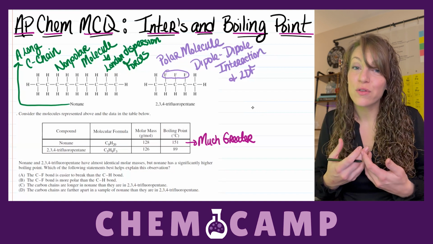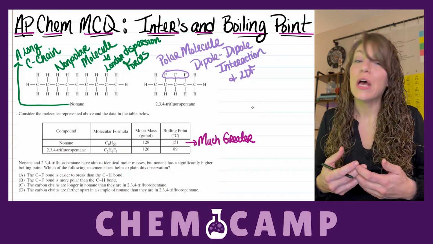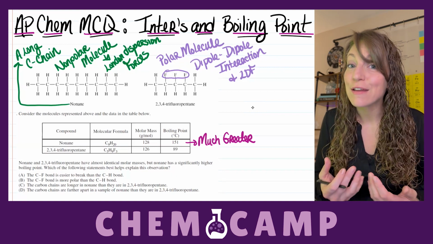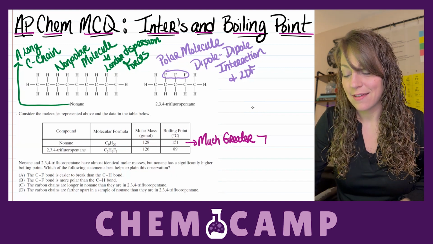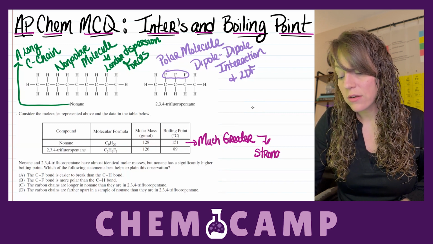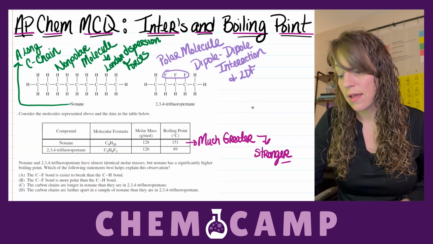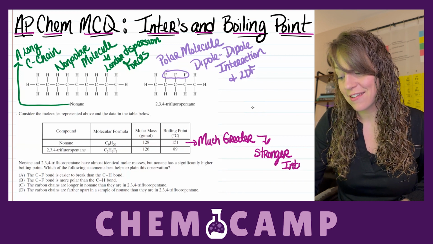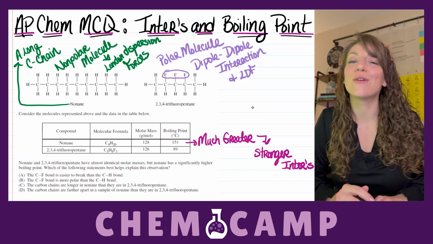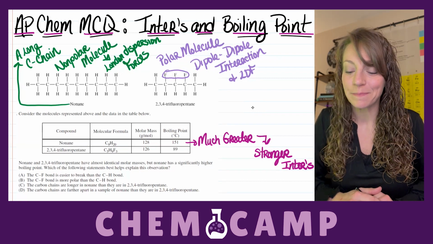Now, the stronger those intermolecular forces are, the more energy needs to be put in, and the greater the boiling point is. So this indicates that nonane actually has stronger intermolecular forces, despite the fact that it's only a nonpolar molecule.